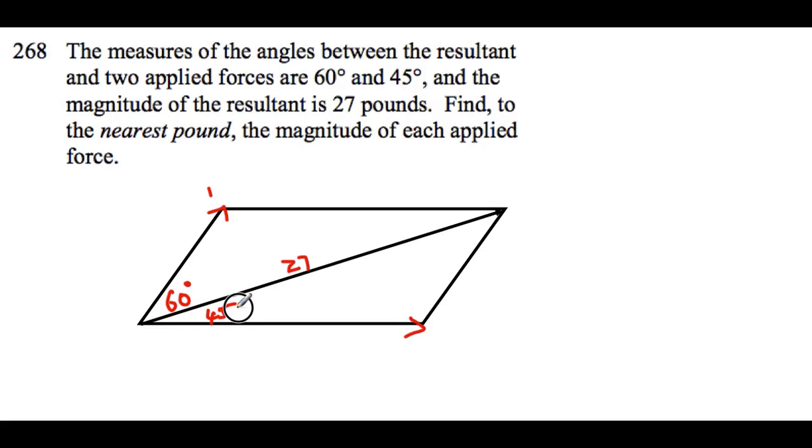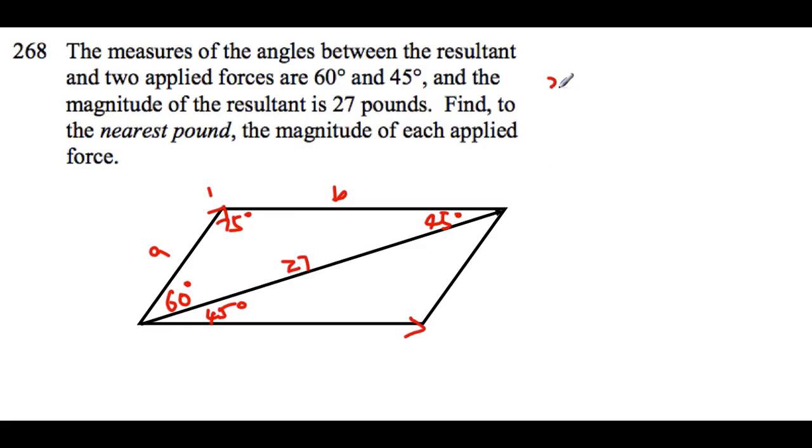In fact, this is 45 degrees, then by alternate interior angles, this is 45 degrees. Since this is 45 and this is 60, you can figure out the third angle: 180 minus 60 minus 45 gives 75 here. Let me call this one A and this one B, which are the two forces that we are looking at.